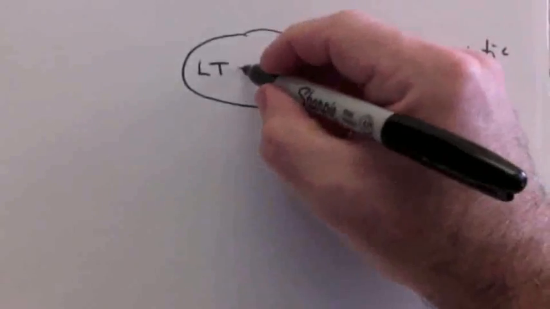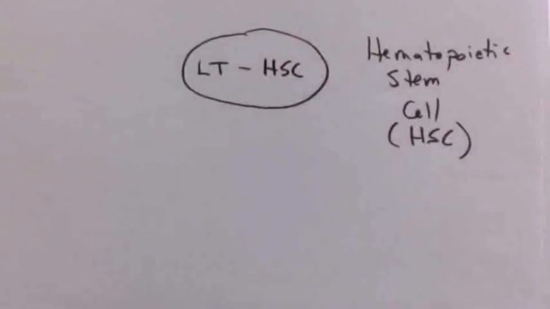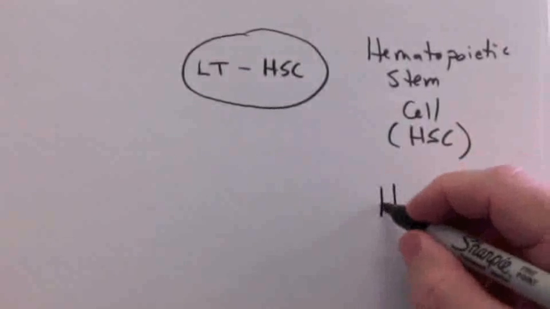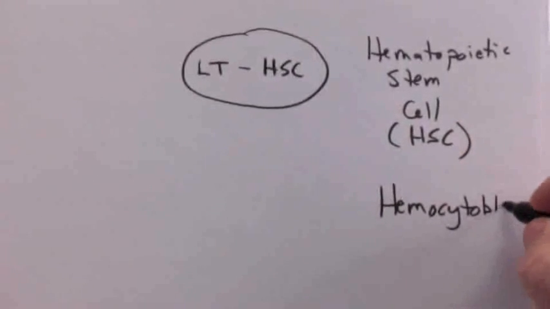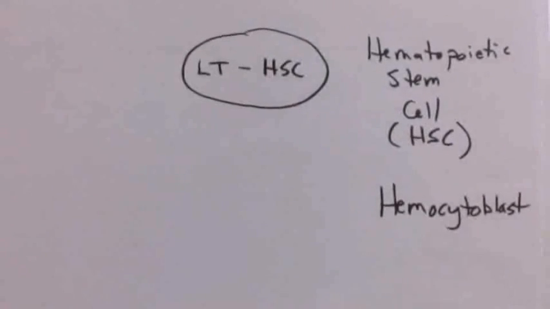So this is a long-term HSC. I should also say this is sometimes called the hemocytoblast, yet another name for it. On the test, I would expect you to be able to call this a hemocytoblast or an HSC.